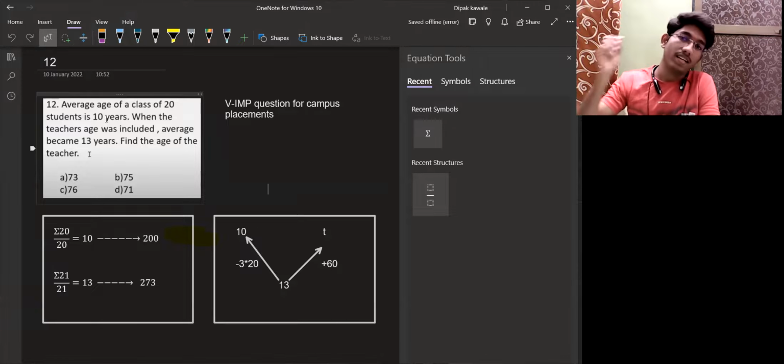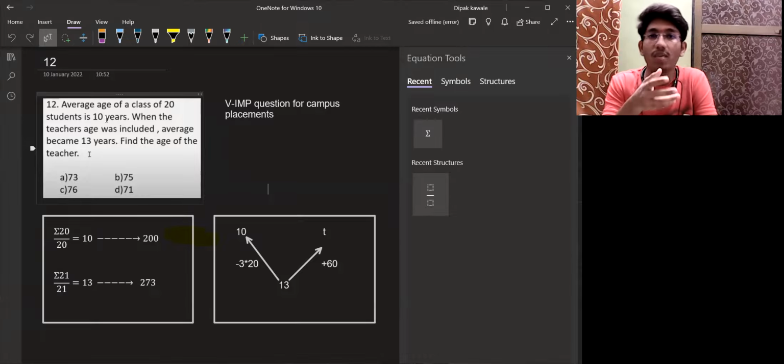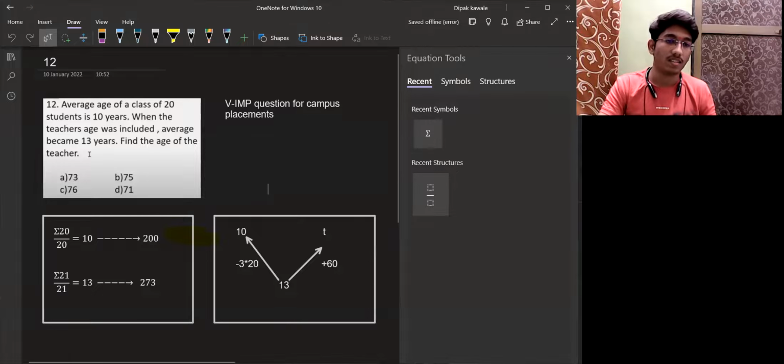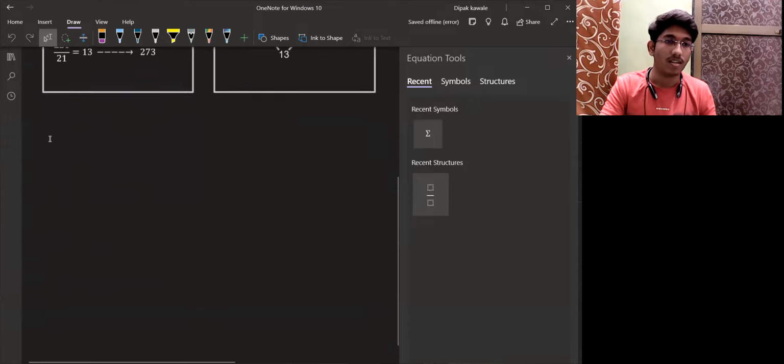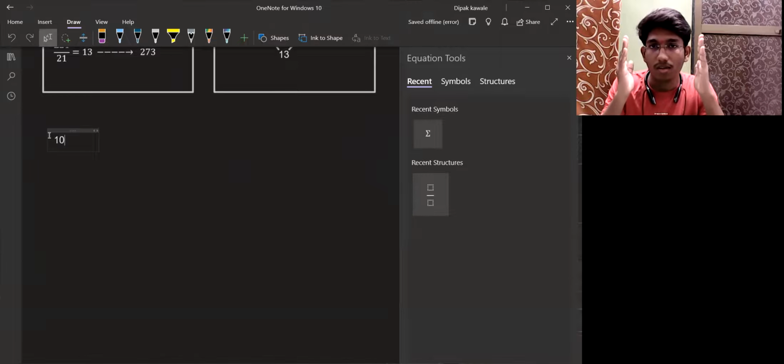Now we are adding the teacher's age, assuming the teacher's age is also 10 years. I know it is not possible, but let's assume it. Now tell me guys, will the average increase or remain the same? Definitely it will remain the same.